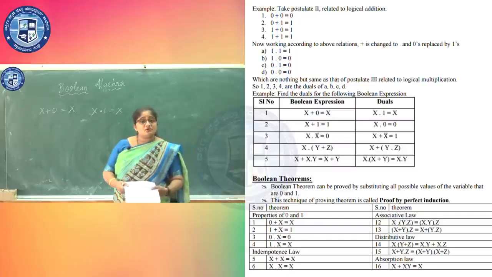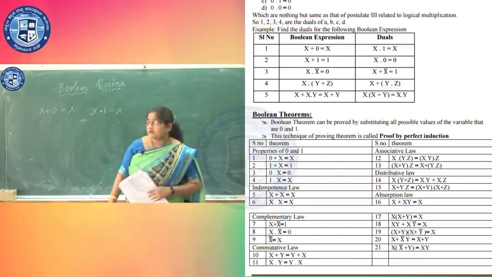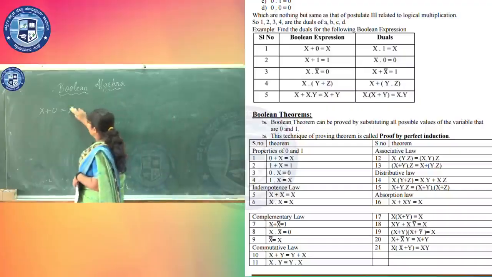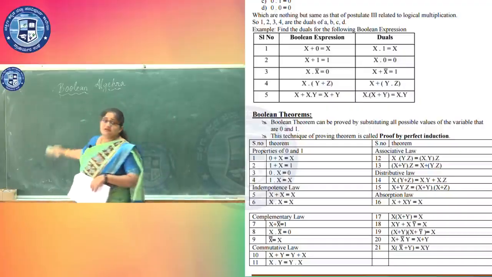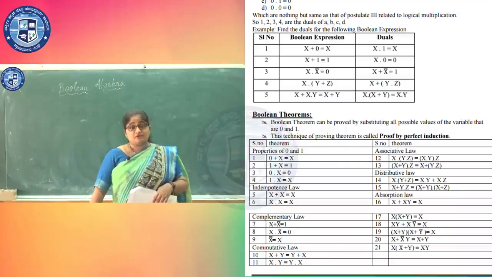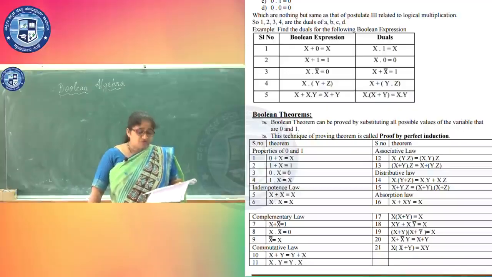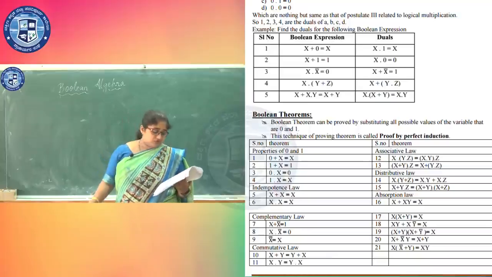Next we have a whole big set of boolean theorems. These are very important. We have many laws in them: the involution law, the absorption law, the associative law, the complementary laws. Along with that we have a whole big set of boolean theorems, which you can see on the screen.